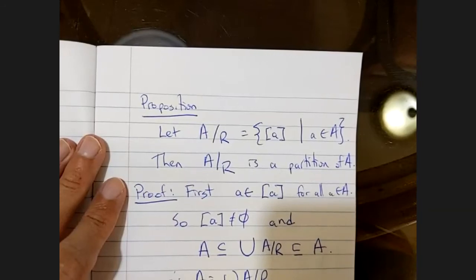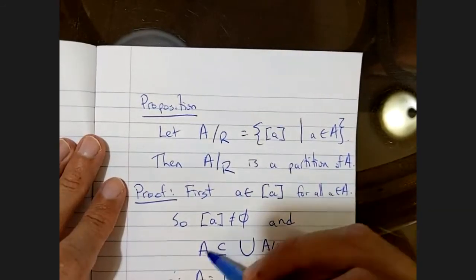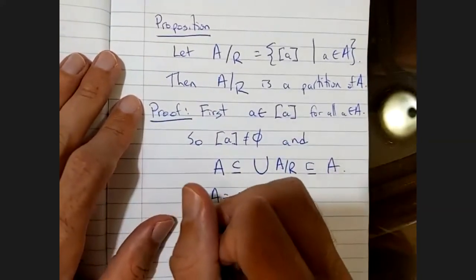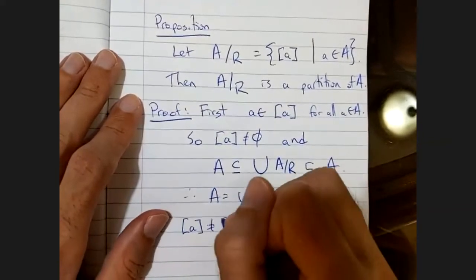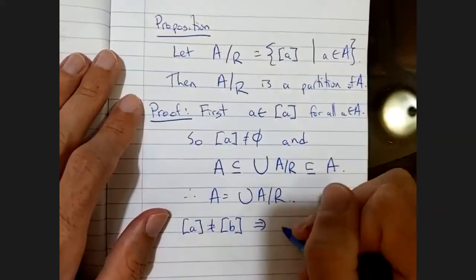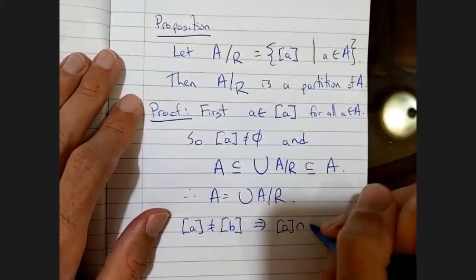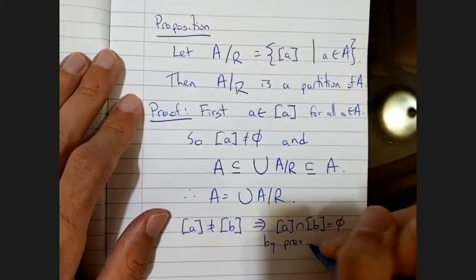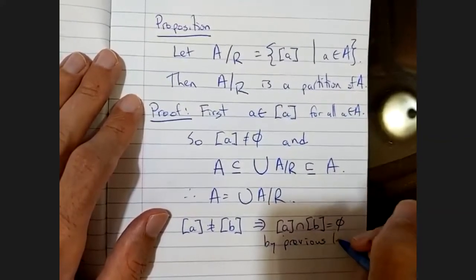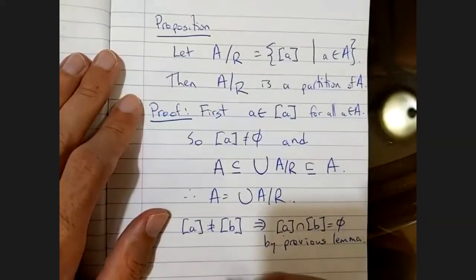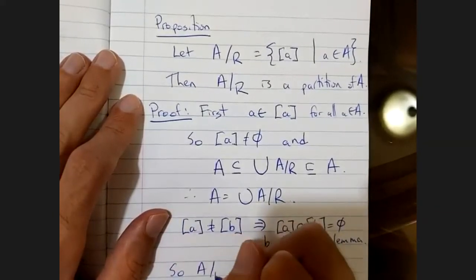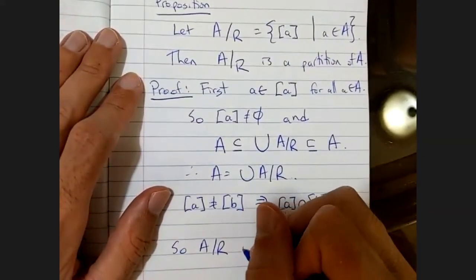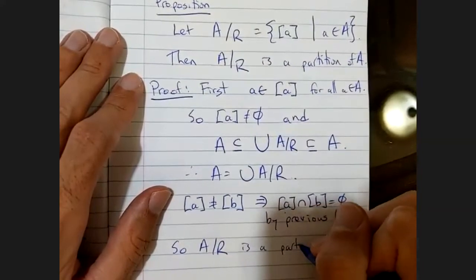All the equivalence classes are non-empty. And finally, we have that if the classes of A and B are different, then they're disjoint, by our previous lemma. And so that completes the proof that A mod R, the equivalence classes of A, form a partition.